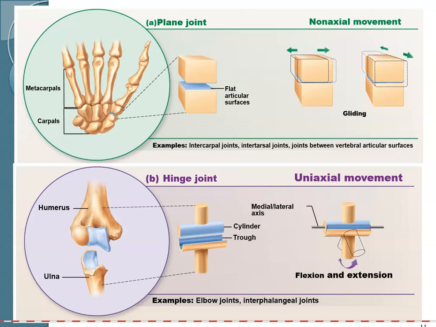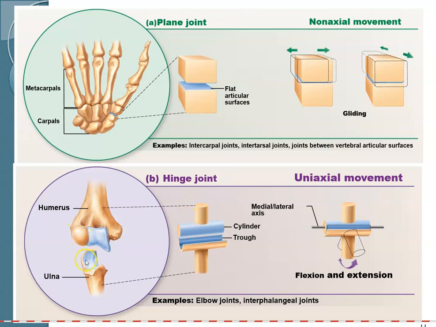Then a hinge joint, you can think of it like a door, which is hinged onto the door post or frame. There's movement across. So there's a little trough, and then a cylinder that fits into it, and the bones move about the trough.